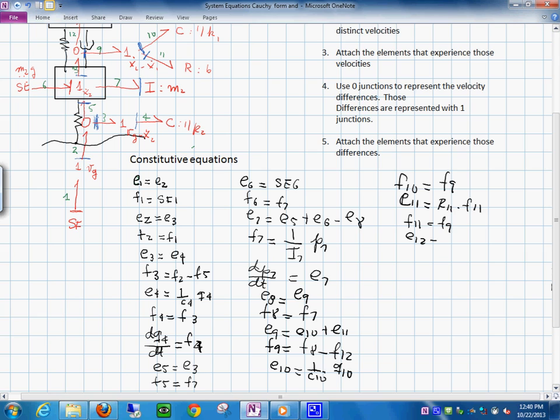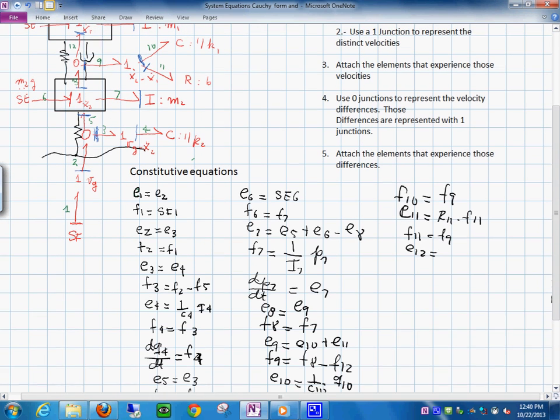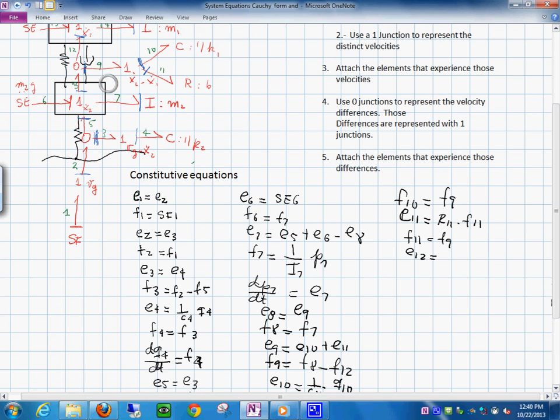F14, and then we have the F14. No, let's go E14 is equal to E12 plus E13.